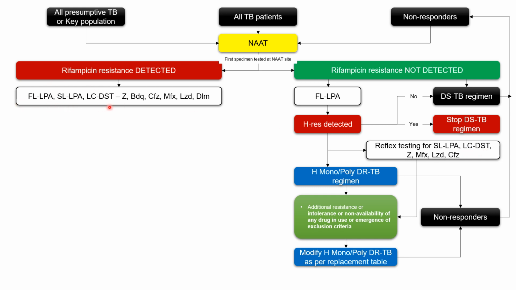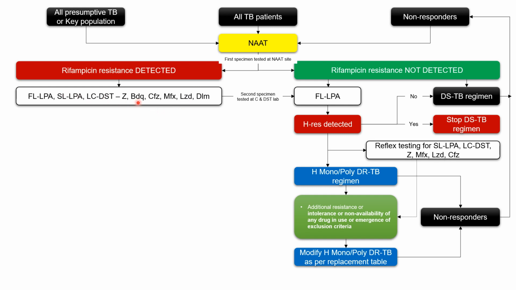That means irrespective of whether rifampicin resistance is detected or not, all the patients of TB that are nucleic acid amplification test or microbiologically confirmed have to be taken for first line probe assay, second line probe assay and LC-DST. That is the universal drug sensitivity testing that we talked about a brief time ago.